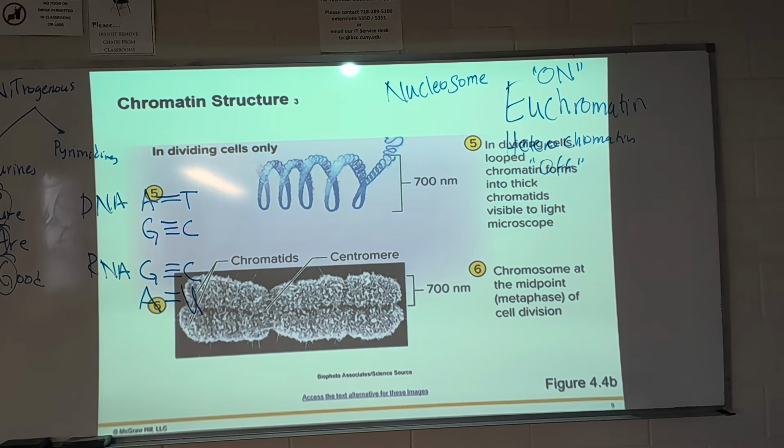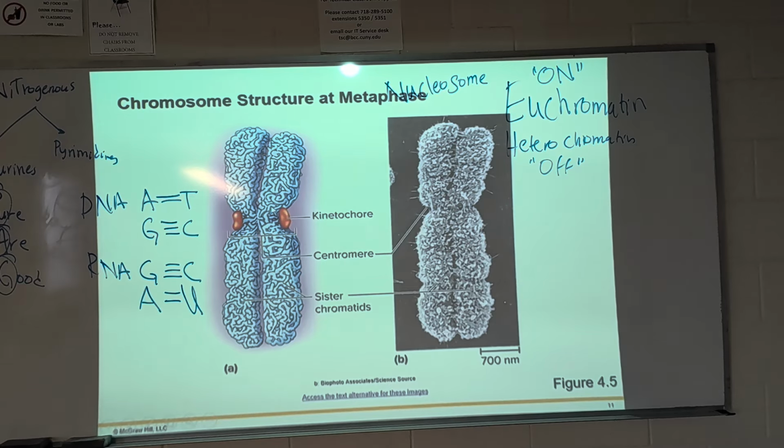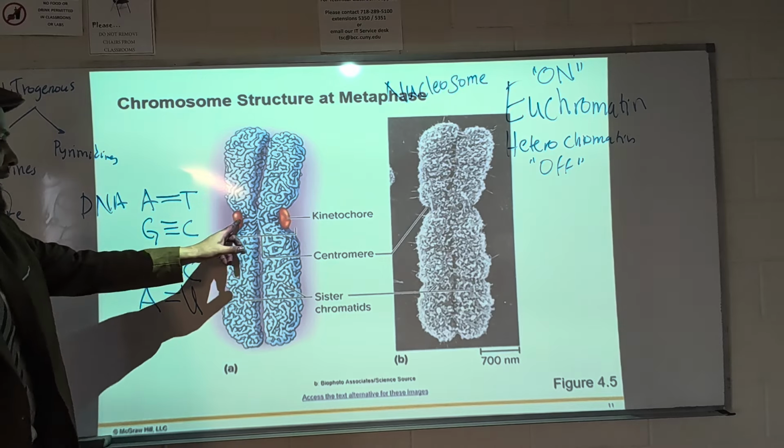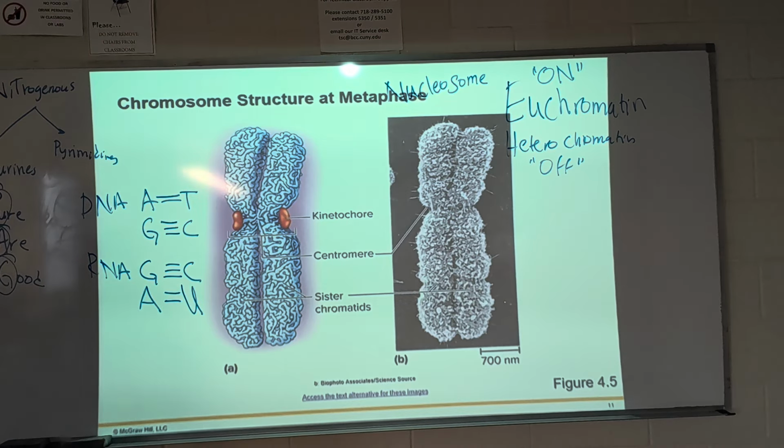Okay, so nucleosomes. Alrighty. You really need to know the structure of your chromosome. It looks like an X shape. You see those red plates on the chromosome? Those red plates are known as the kinetochores.